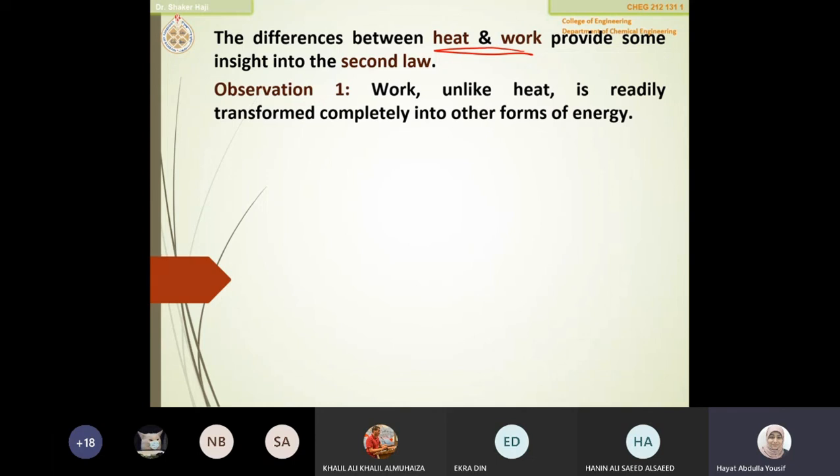For example, while 10 kilojoule of heat is 10 as a quantity, and 10 kilojoule of work is 10 again as a quantity, they found that work is more useful. Why more useful? Because with the heat, we normally have some loss, and that's why, producing the same quantity of work and heat, work will be more useful than the heat.